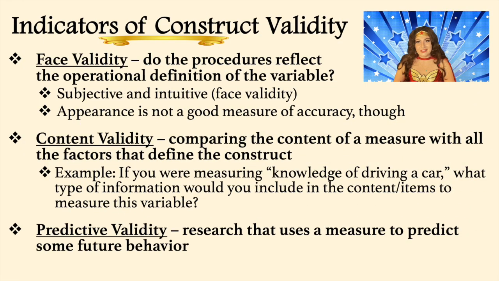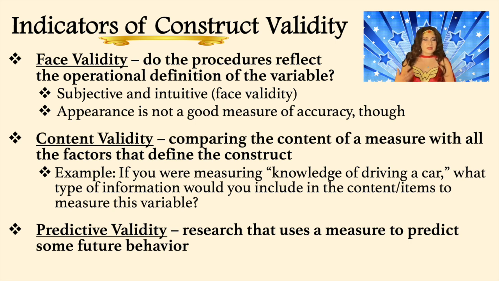The third type of validity is called predictive validity. So research that uses a measure of some sort to predict some future behavior. So a very common one that comes to mind now is the GRE, right? The Graduate Record Exam. And typically students who apply for grad school have to take as a prerequisite the Graduate Record Exam.